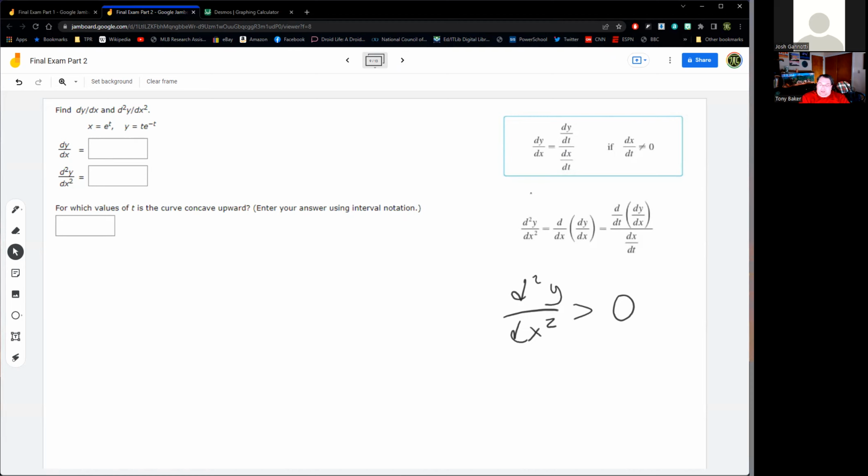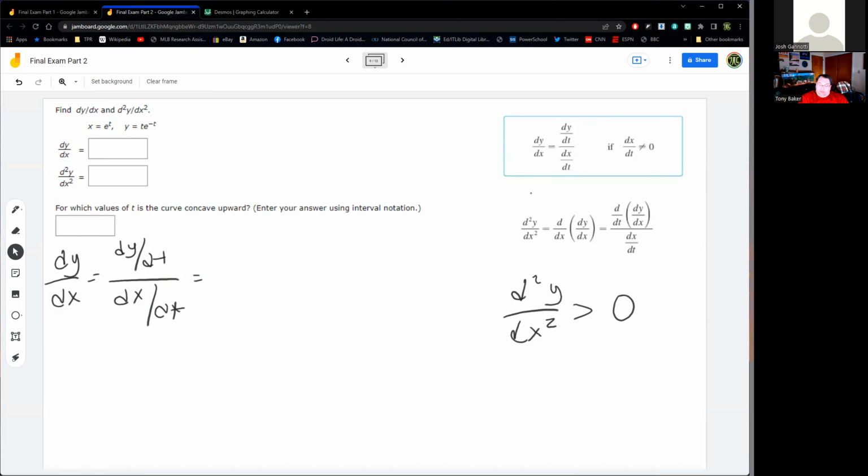So let's find our first derivative, dy/dx. So it's dy/dt over dx/dt. The derivative of the y term is a product, so we have to do the product rule.